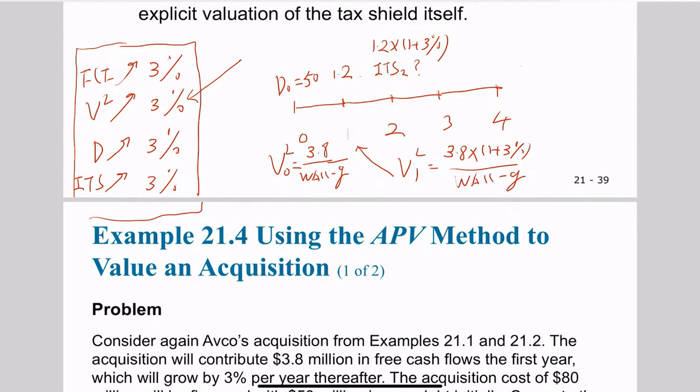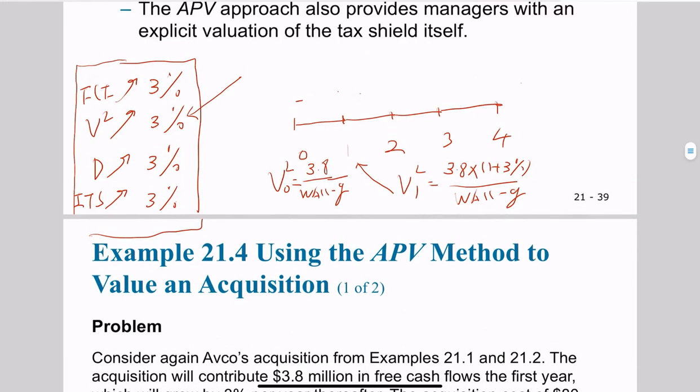You want to use 3.8 times 1 plus 3% because we know that cash flow grows at a 3% rate. The cash flow on date 1 is 3.8, and on date 2 it's 3.8 times 1 plus 3%. So obviously if you compare this and this, you can see that the levered value increases at a rate of 3%.